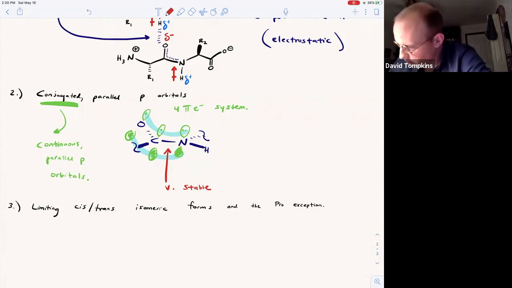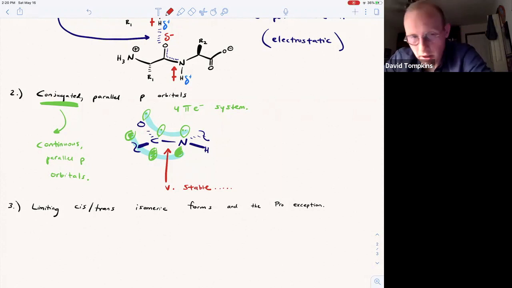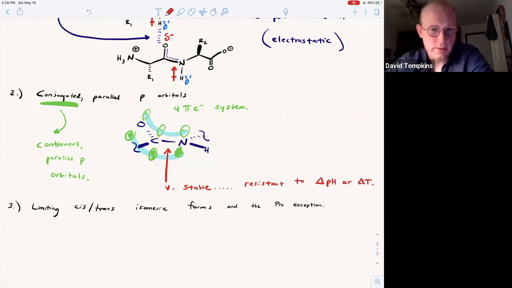And it's going to be resistant to change even upon heating or upon pH change. So I'll say it's resistant to delta pH or delta T. The only case in which that would break is if you do hydrolysis with a ton of water, strong acid, and lots of heat.